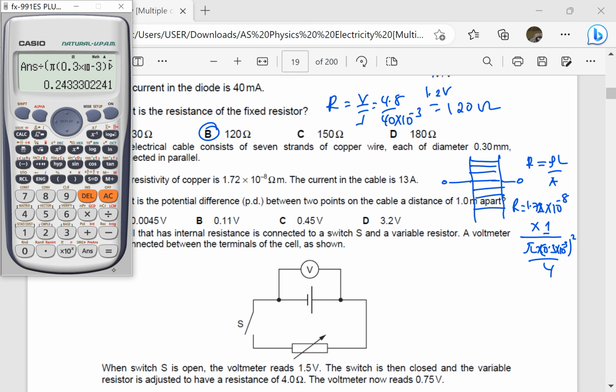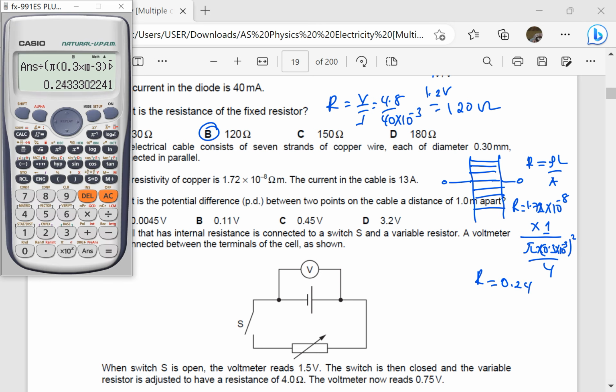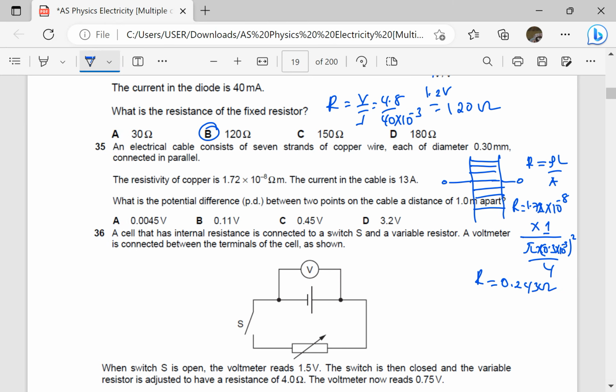So it means the resistance of one strand is going to be equal to 0.243 ohms. That is one strand, but there are 7 and they're in parallel. If they're in parallel, remember resistance in parallel is given by the reciprocals.